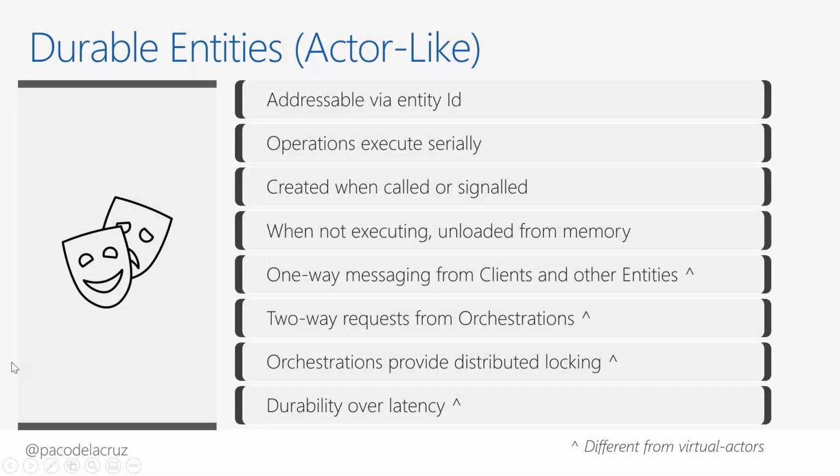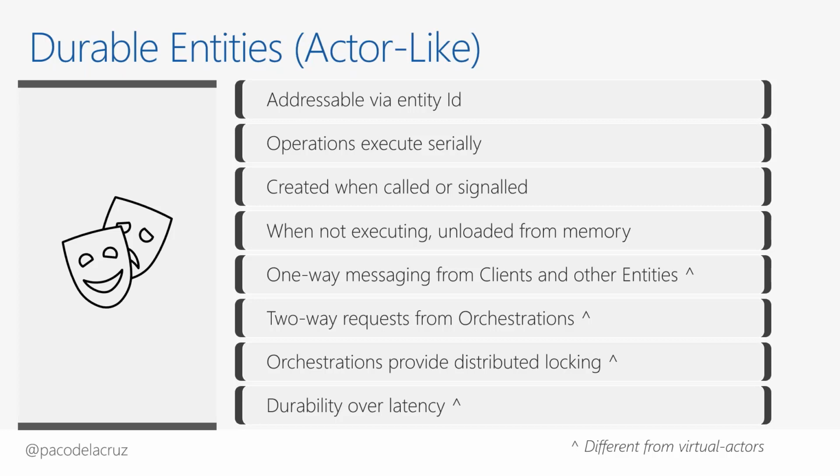Okay, so as I mentioned, durable entities implement an actor-like pattern. So it's very similar to the actor pattern, but has some differences. Similar to the actor in, let's say, Akka.NET or Orleans, these entities are reachable via an entity ID, and we define this ID.